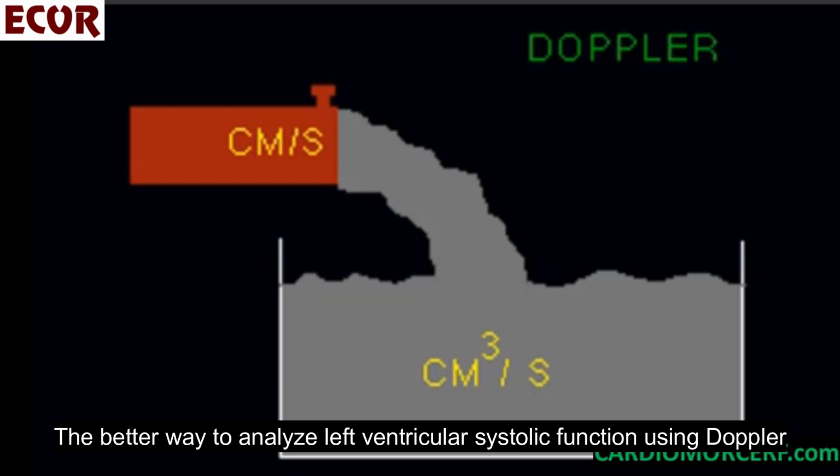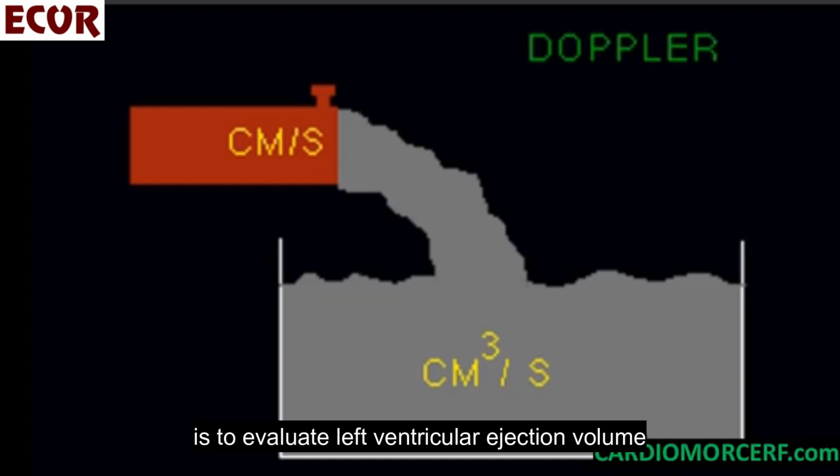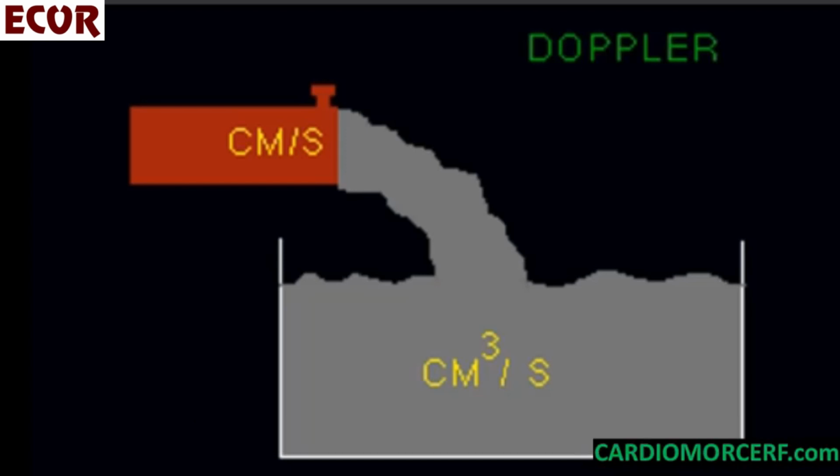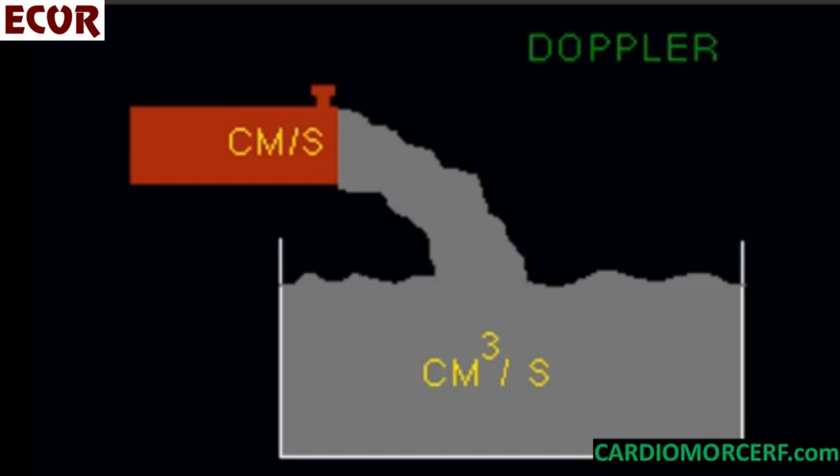The better way to analyze left ventricular systolic function using Doppler is to evaluate left ventricular ejection volume and then the cardiac output. Just reminding you that Doppler does not assess volumetric flow, just flow velocity.